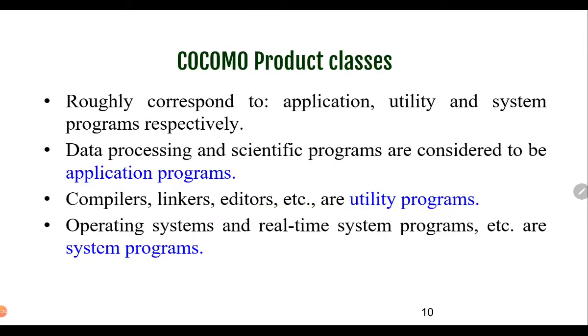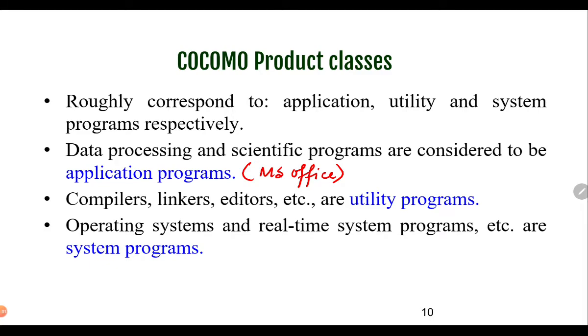Talking about the COCOMO product class, we can consider the COCOMO model and convert the project into different types of programs. For example, we have application programs, utility programs or system programs. Application programs are basically data processing and scientific programs, for example MS Office. So they are applications. Skype is an application.